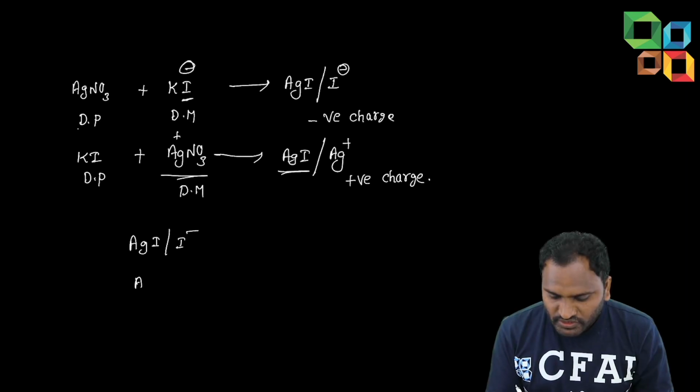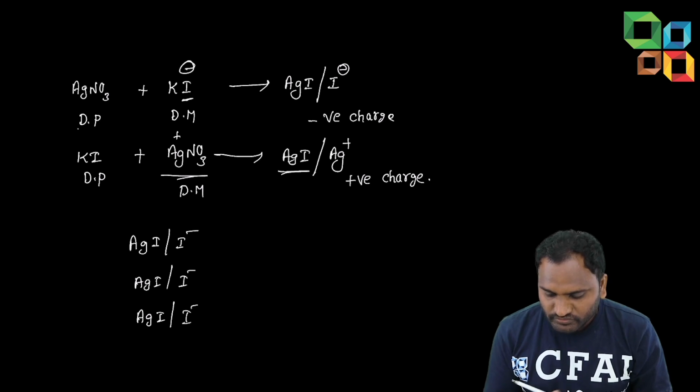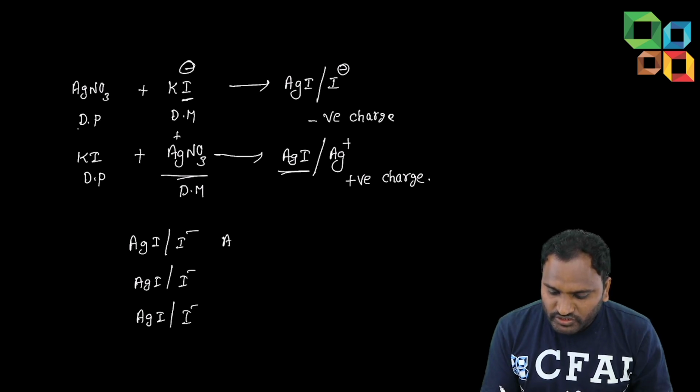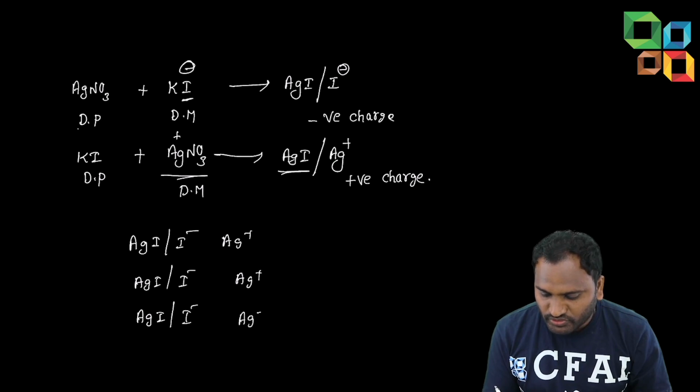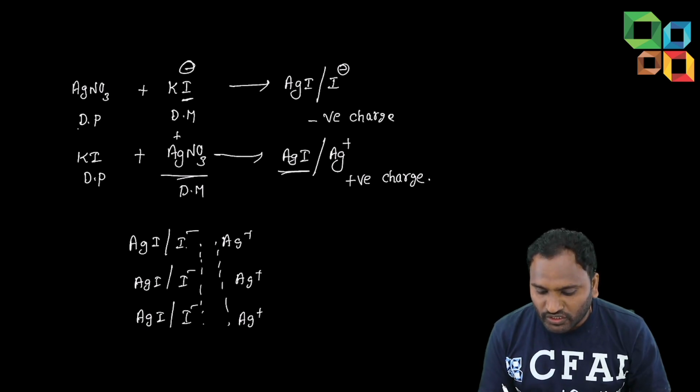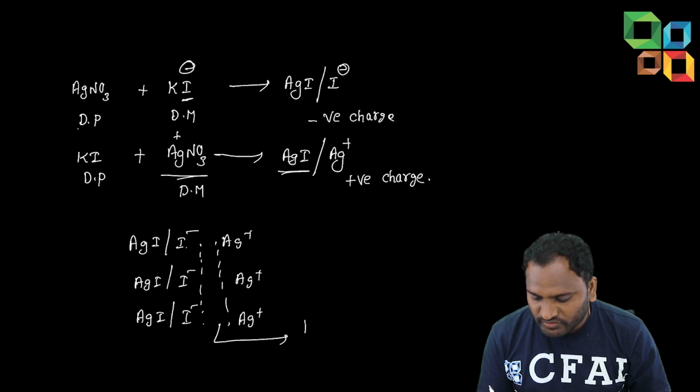AgI adsorbs I minus; then again it attracts Ag plus, which it adsorbs. Since there is a negative and a positive charge, there is a double layer, and upon this one more layer will develop. This is called the Helmholtz layer.